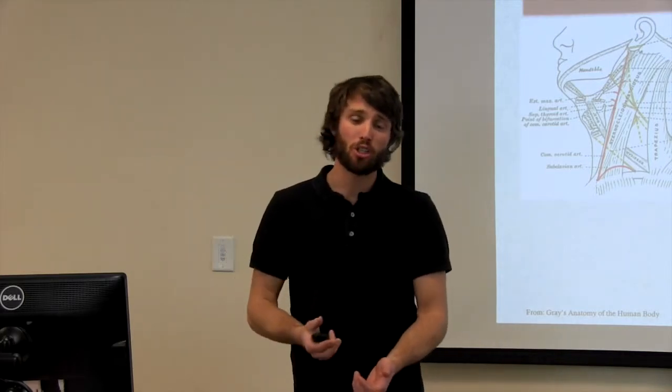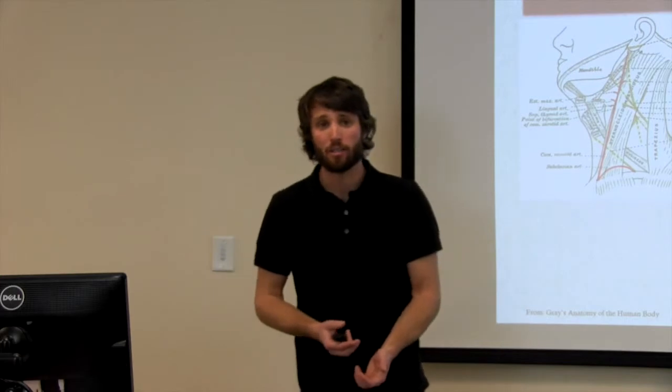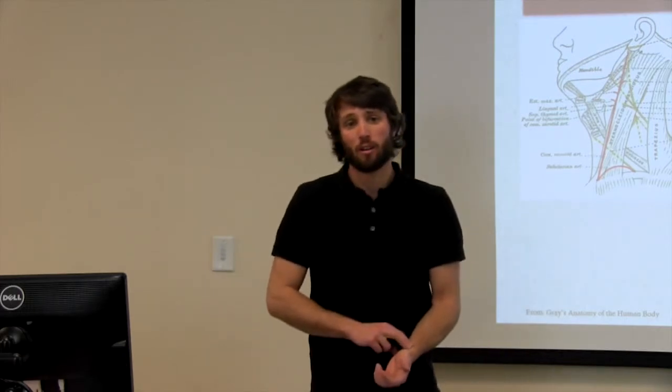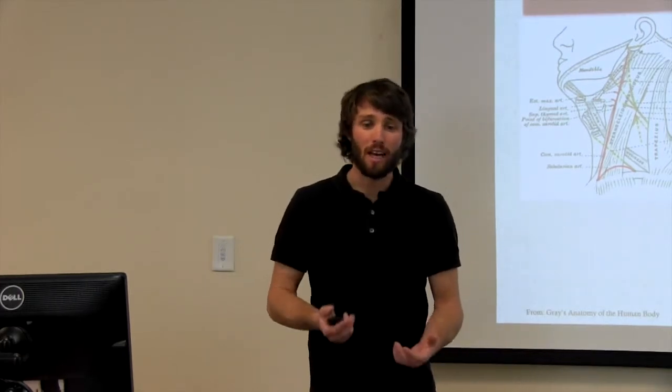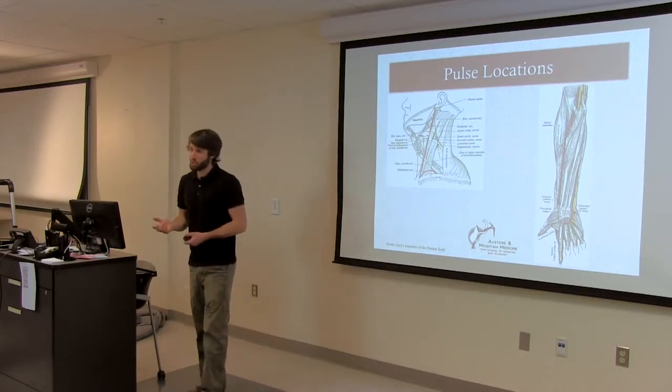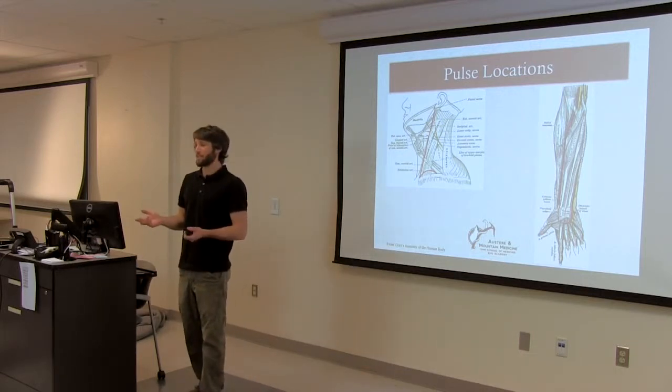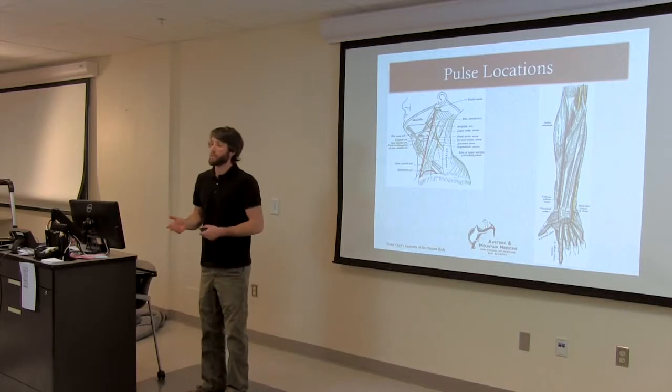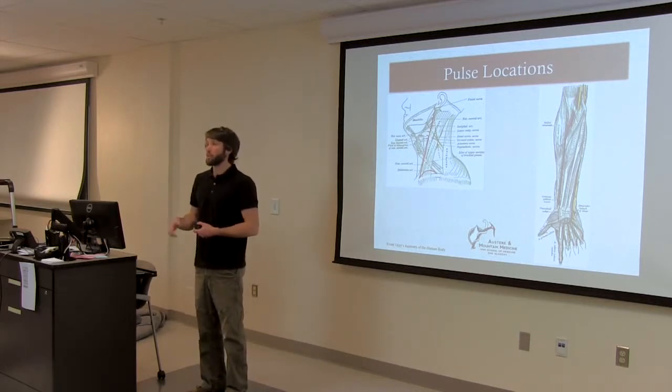As soon as the blood pressure drops below 80 systolic, the radial pulse is lost. As we move up to the carotid, if we have a carotid pulse, we can assume that the blood pressure is at least about 60 systolic. Once the carotid pulse disappears, we can assume that the blood pressure is less than 60 systolic.